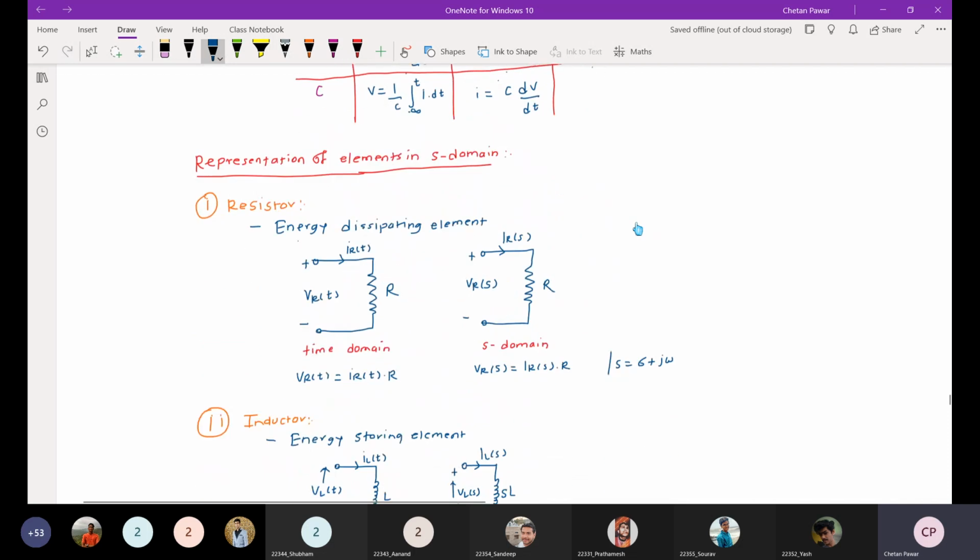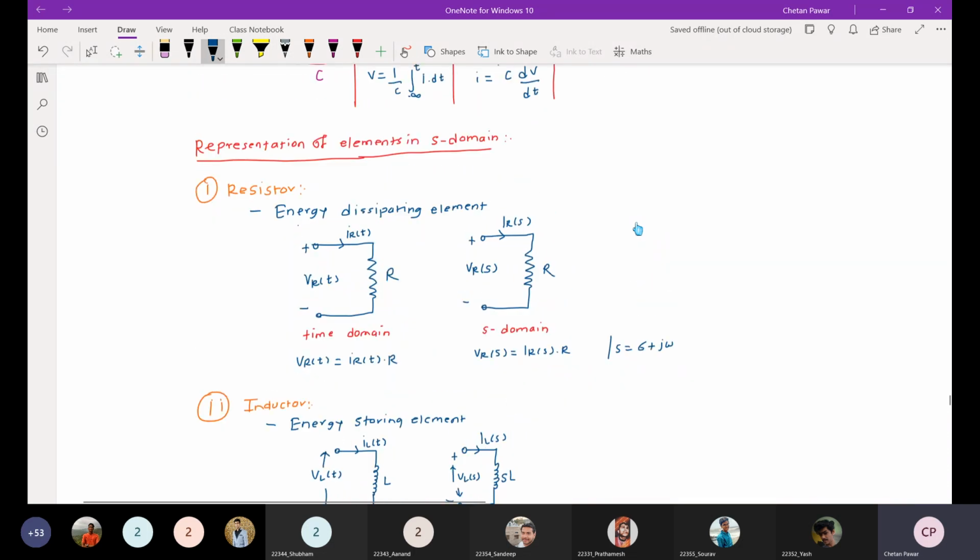So if we see the representation of elements in the S domain, first we consider the resistor. It is an energy dissipating element. In the time domain, i_R(t) is the current flowing through the resistor, and v_R(t) is the voltage across this resistor. The voltage across the resistor is i_R(t) into R. If you convert this into the frequency domain, nothing changes in the resistance.